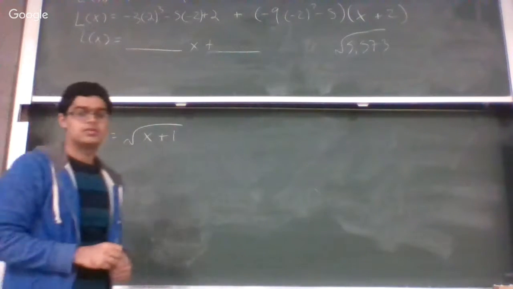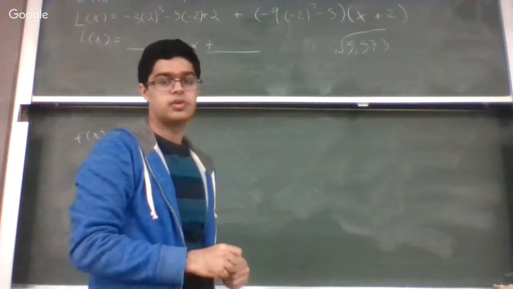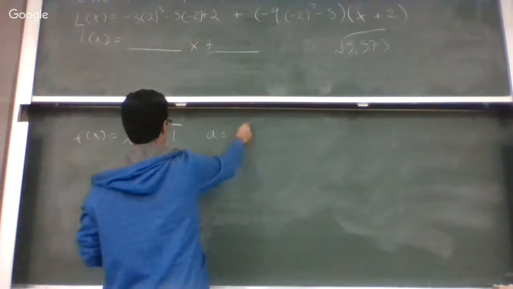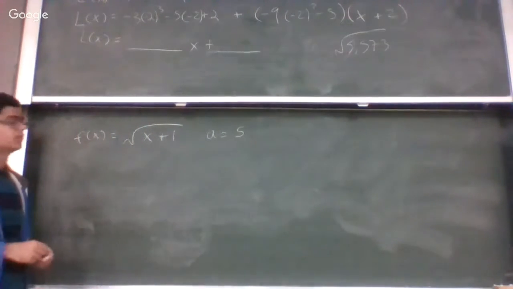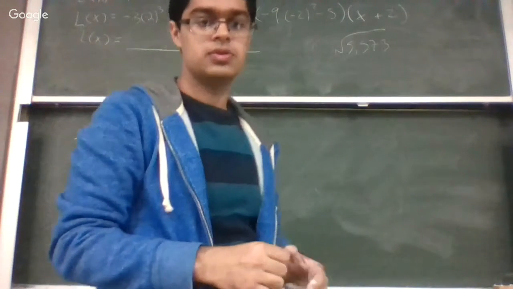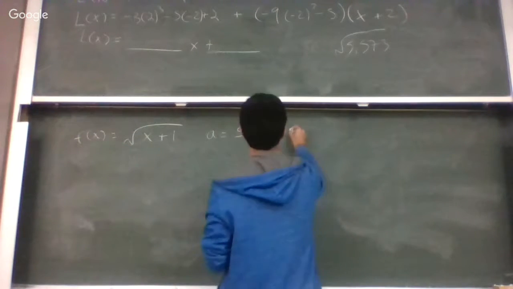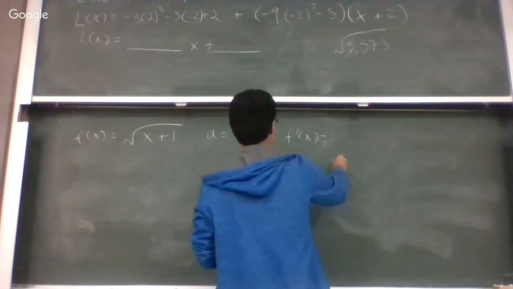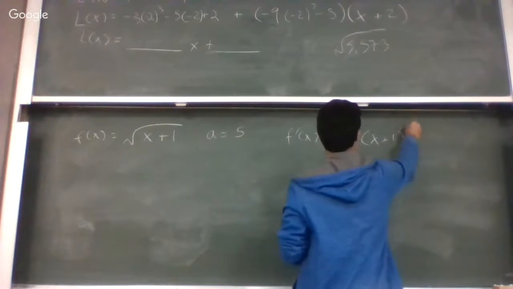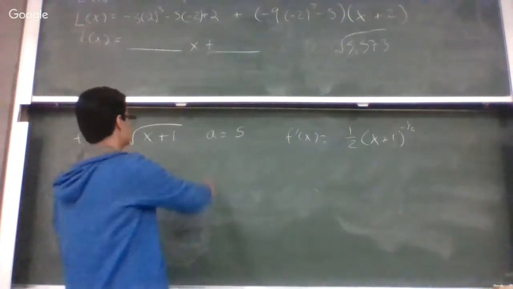And you are told when x is equal to 5, or in this case, a is equal to 5. Find the linearization of that. So then you do the prime and stuff. What's the f prime of x? 1/2 times, right, x plus 1 to the negative 1/2. When a is equal to 5.